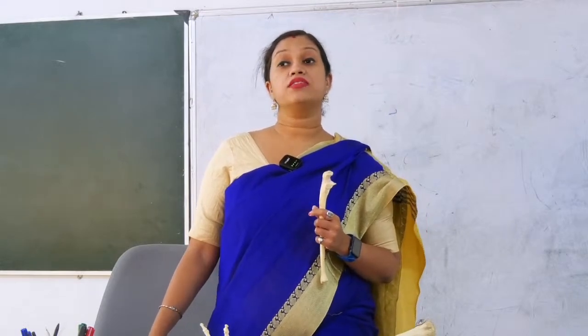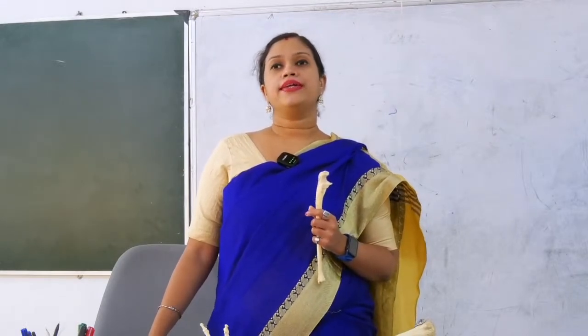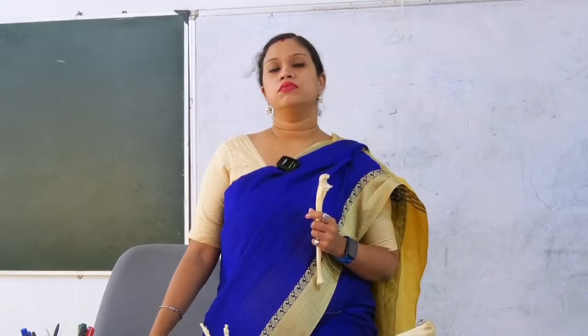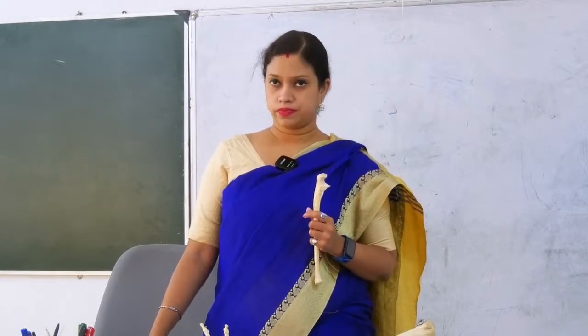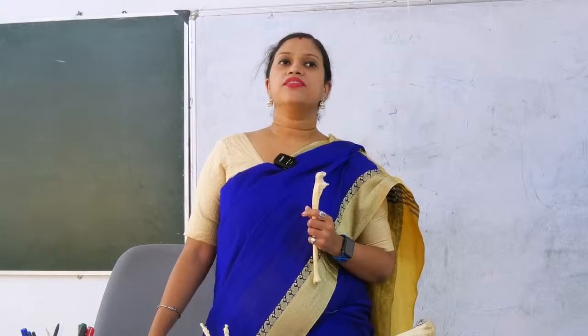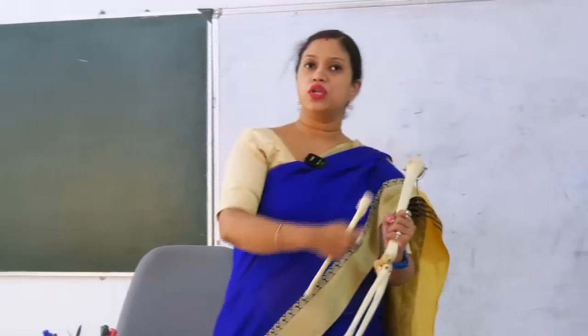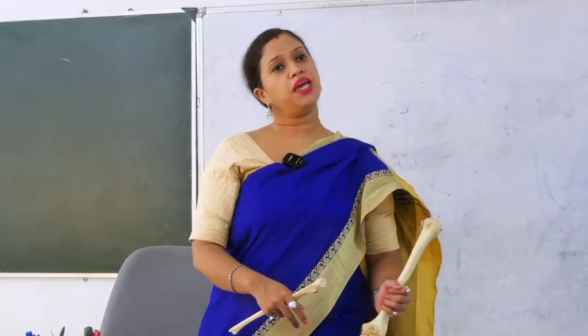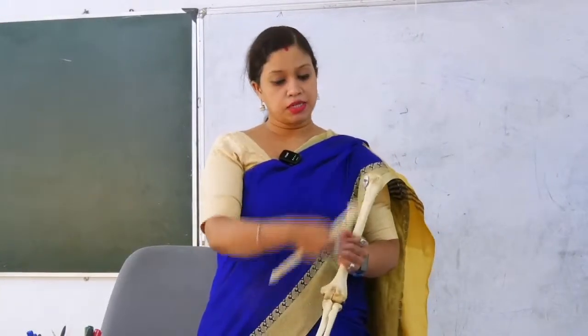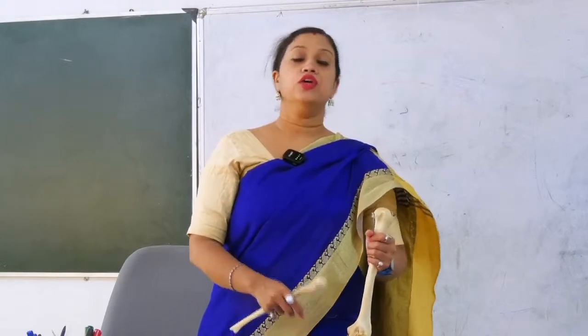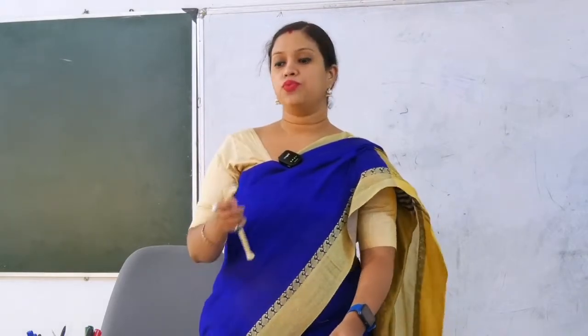Triceps has got how many heads? So where does it take origin? Very good. One is infraglenoid tubercle. This V-shaped group, just below that oblique line, is the origin of the medial head. And a little bit lower you will have the lateral head. So these three heads, where would they be inserted?